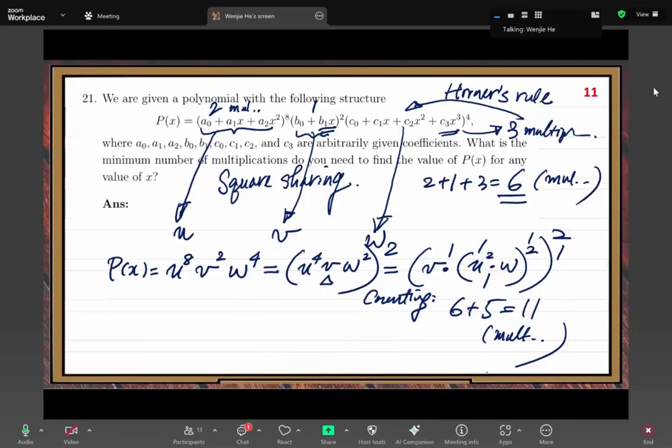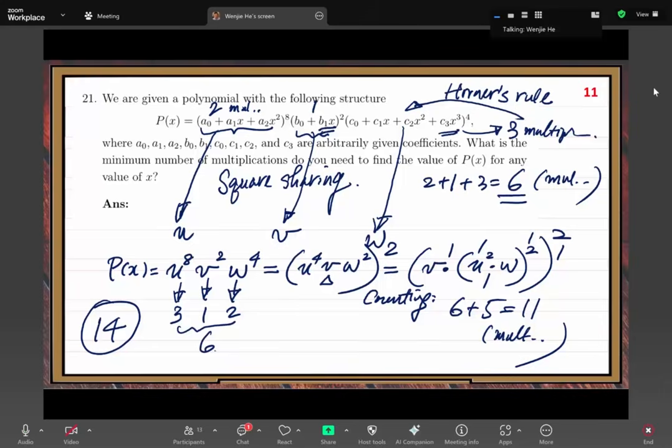And many students give me 14. The reason is they didn't do square sharing. You calculate U to the 8th, you have 3; V squared, you have 1; W to the 4th, you have 2. You're adding together, you have 6.